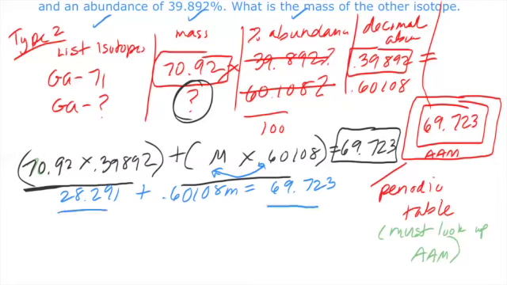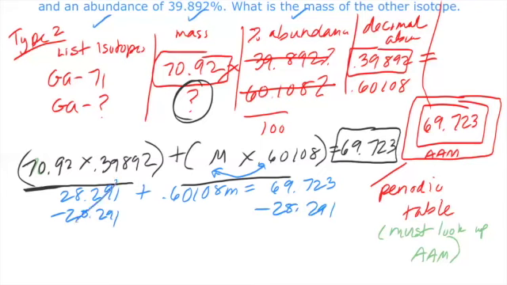This is a number and this is a number, so I can combine those together. If I subtract 28.291 from each side, I'll get rid of that.